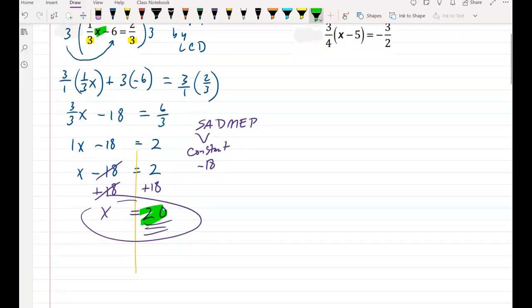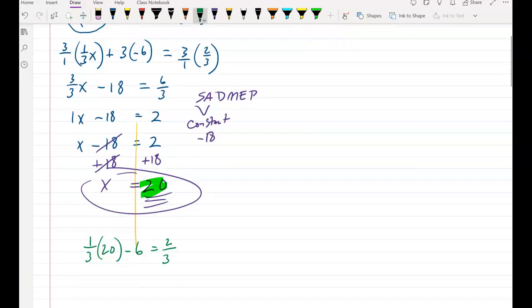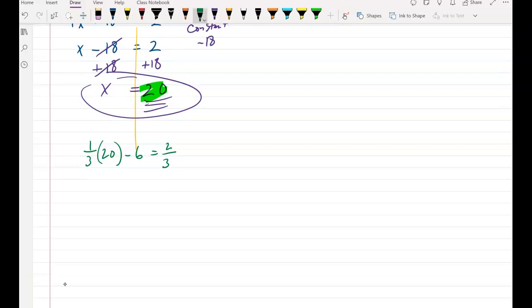X is now 20. So that would be 1/3 times 20 minus 6 equals 2/3. We can check to see if it's right. 1/3 times 20/1 is 20/3 minus 6/1 equals 2/3. Got to have a common denominator.